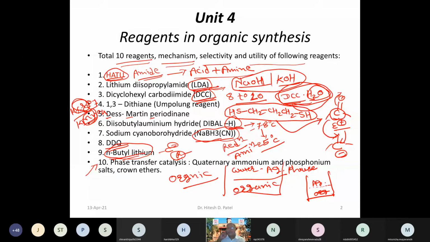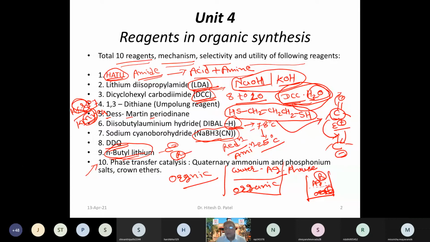Now our target is to carry out the reaction. So our reactant is in aqueous phase, and the substrate is in organic phase. So it is very difficult to carry out the reaction. That's why we have to use a phase transfer catalyst.